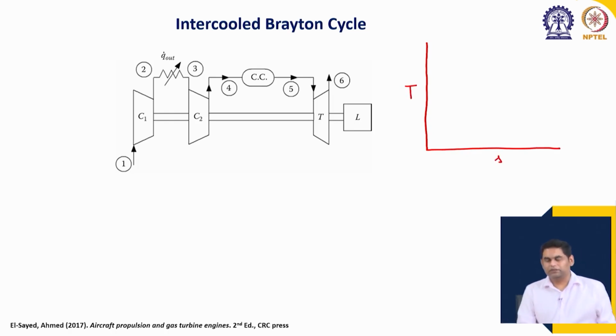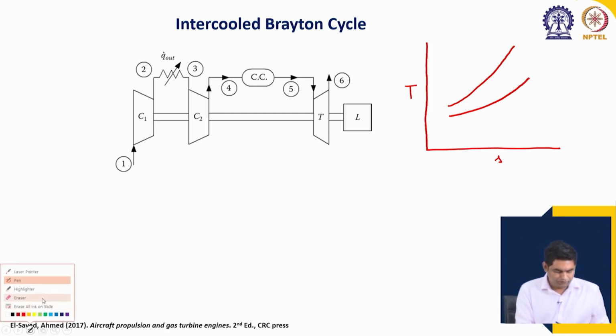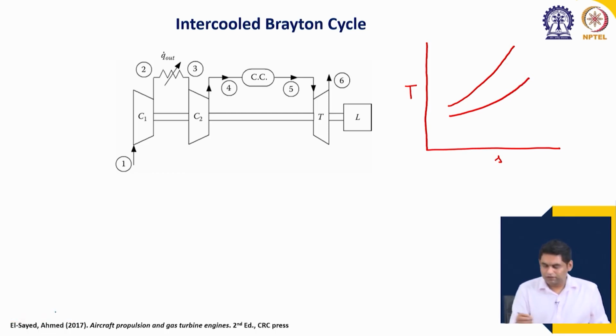For an ideal gas on a TS diagram, we know that constant pressure lines diverge towards the right hand side, which means that if I have a compression process starting from low temperature, the work input required for this process is going to be lower as compared to another compression process for the same pressure ratio, going from P1 to P2.